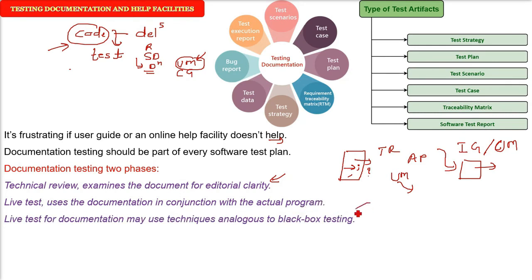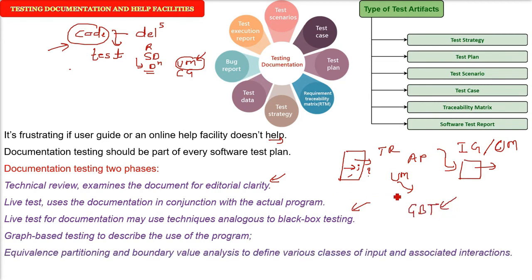So live test for documentation may use certain techniques which are very similar to black box testing. For example, if the usage of the program, the use of certain functionality has to be tested, the graph-based testing method can be used. For input, classes of input and their interaction, we can use the equivalence partitioning or the boundary value analysis technique. This can be a help.